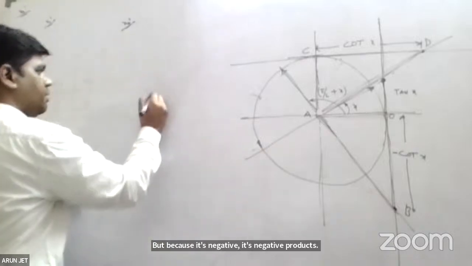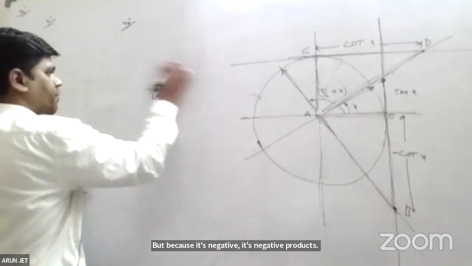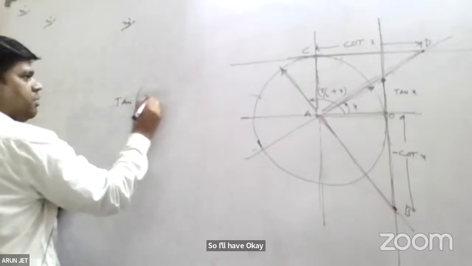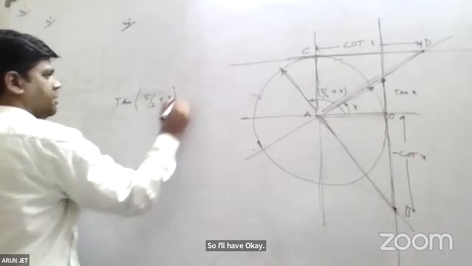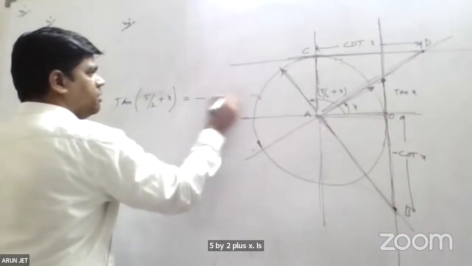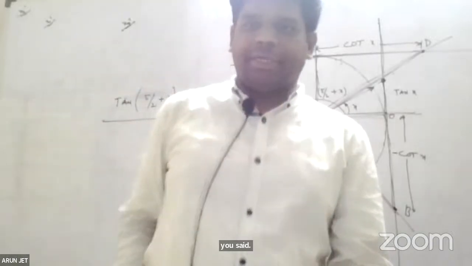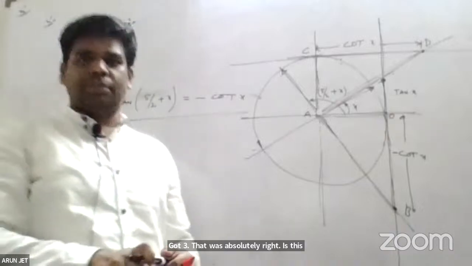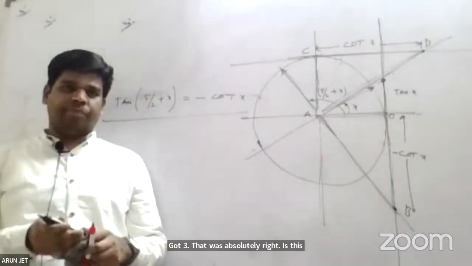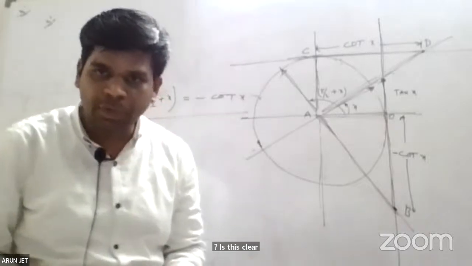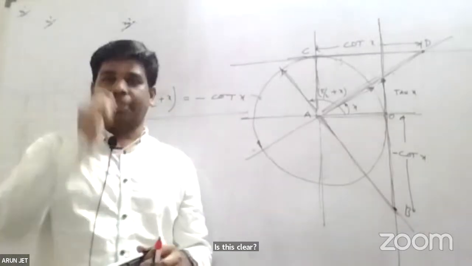So tan of pi by 2 plus x is equal to minus cot x. That's what you said, Gayatri. That was absolutely right. Is this clear, students? All right, good. Now, from the geometry.